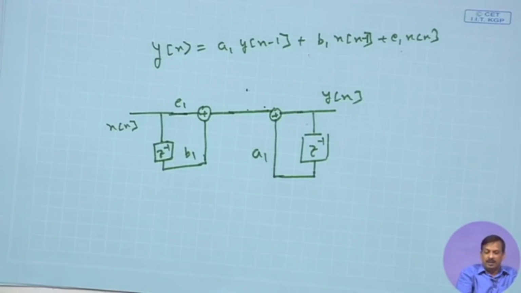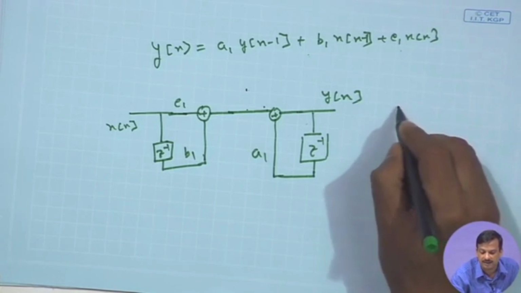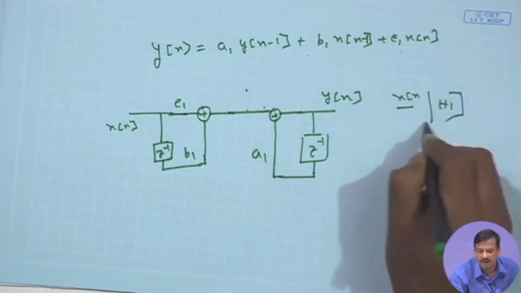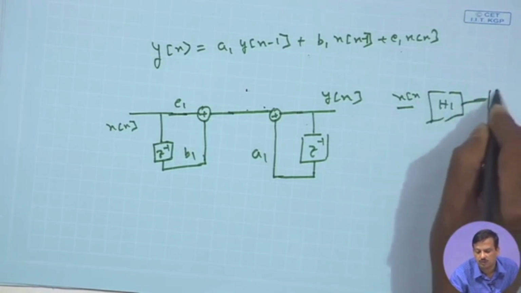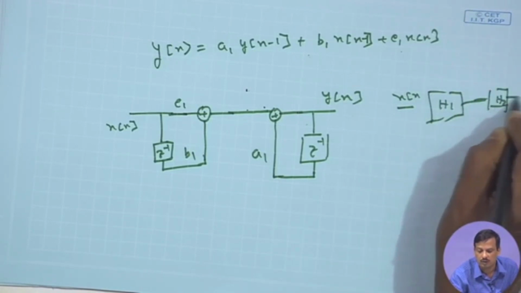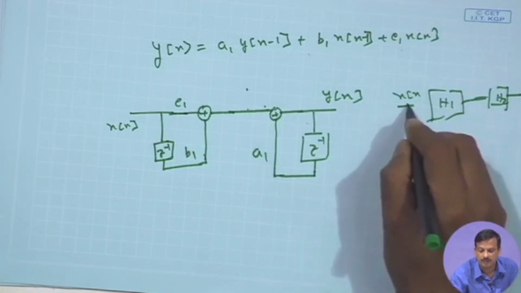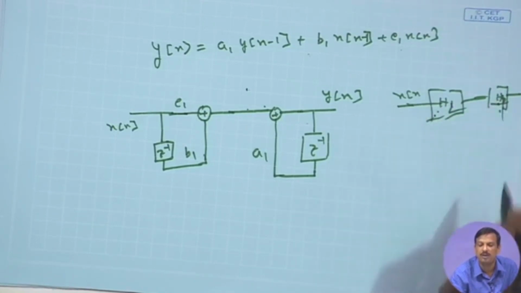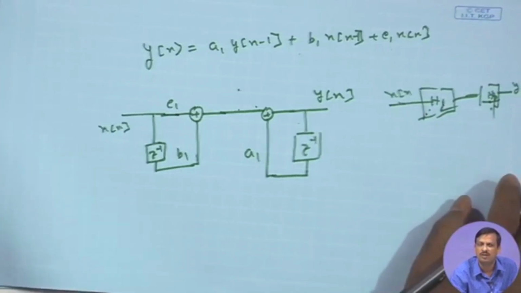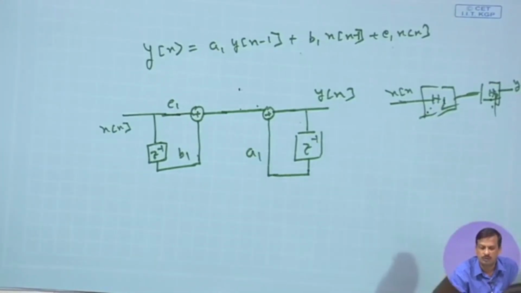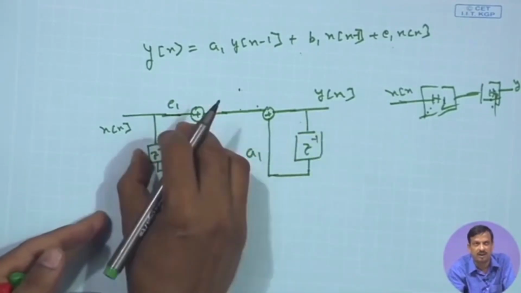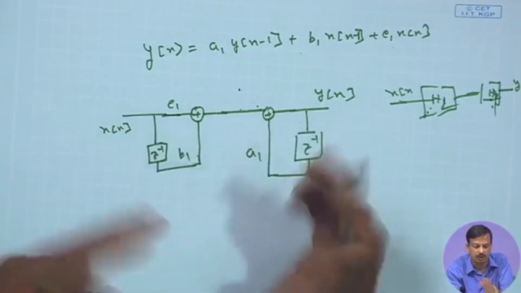Now, I said that if this is my input x n and a system has h 1, then I have another system called h 2, and this is y n, then I can interchange these two systems; h 2 can be here and h 1 can be here, and it does not affect the output. So I can change this side to this side and this side to this side, inverting it.